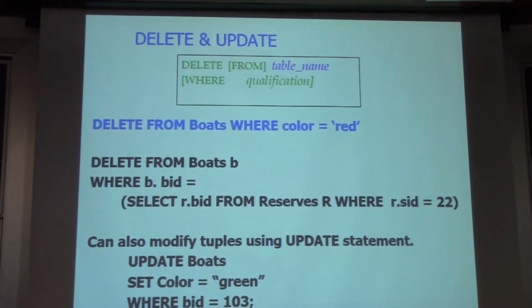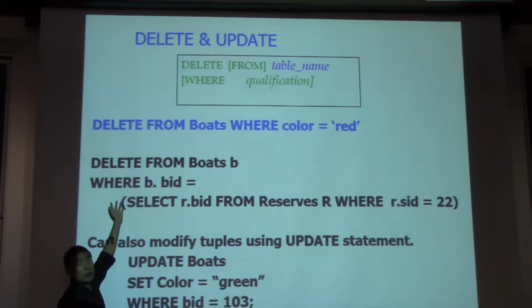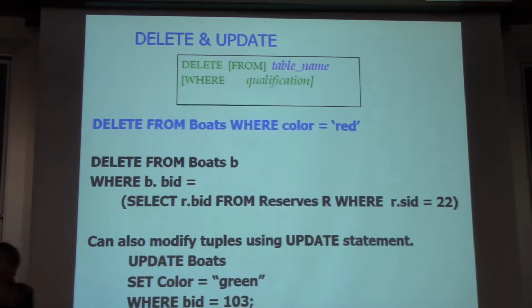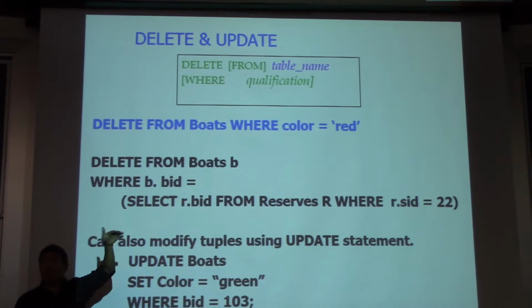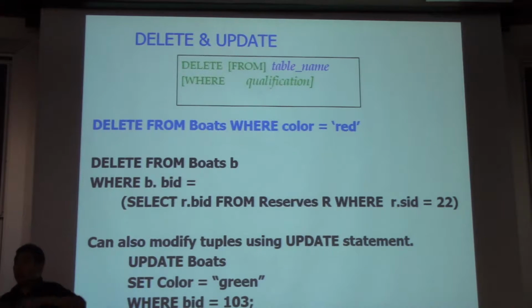Deletion is very similar to the selection, in the sense that they also rely on a where condition, a where clause. But instead of select from, you do delete from. The semantics is very simple. You delete the record from the affected tables for those records where the condition is met. The condition is enforced by the where clause.